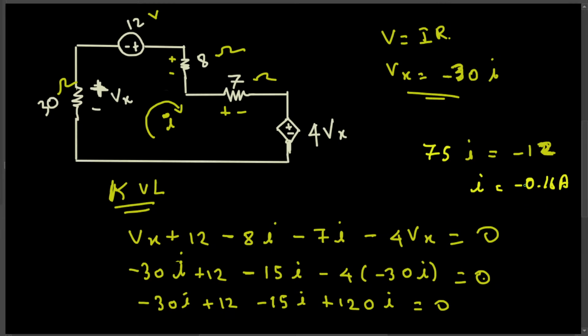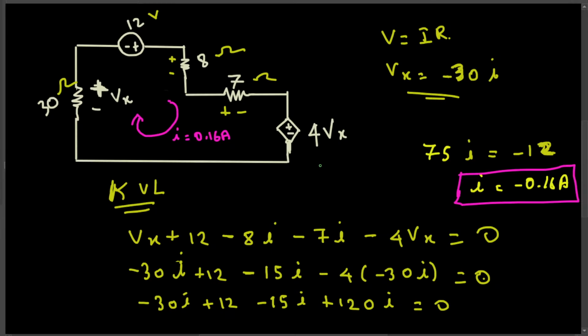So this negative actually represents that our assumption is wrong, like this is not actually going through clockwise. The direction of the current is actually counterclockwise. If we take counterclockwise, it's going to be positive current. It's actually going this way, and the current is 0.16 ampere. Okay, so that's what we figure out from here. If it's negative, it means our assumption is wrong and it's in the opposite direction. And so we have found out the current.